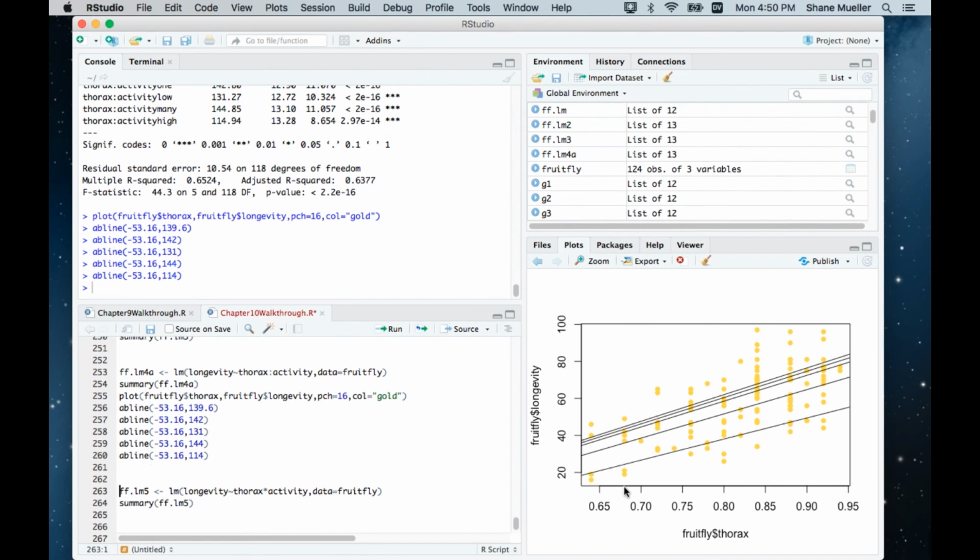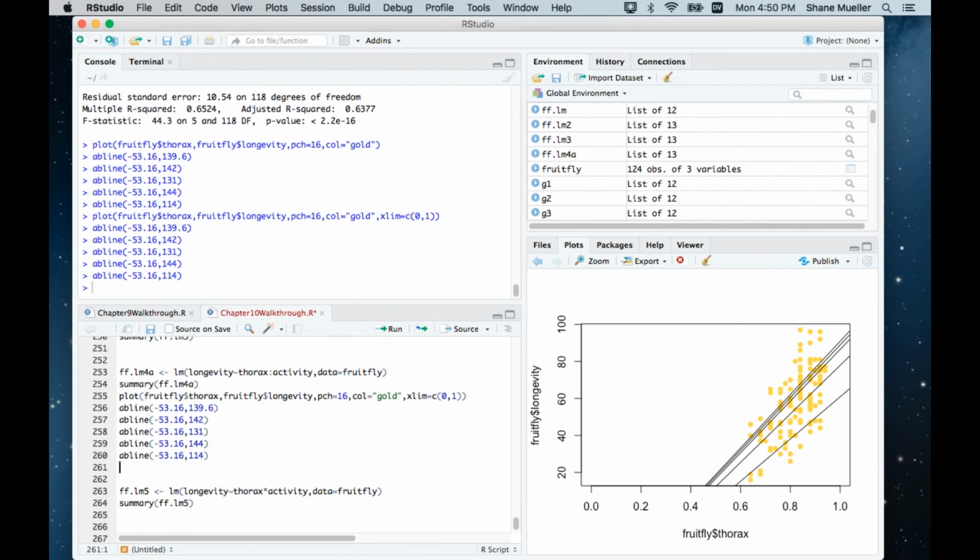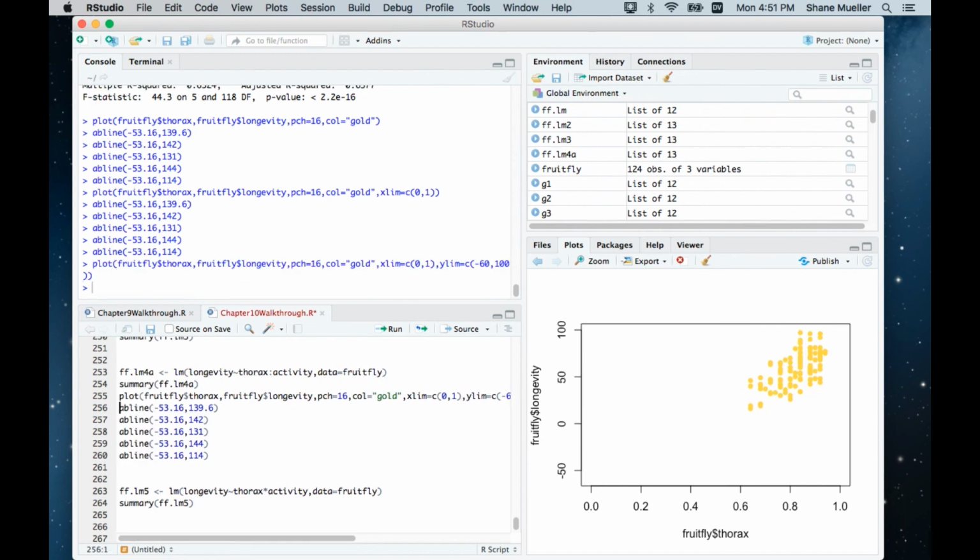So you can see that they all sort of will fan out from the same point. And we can actually see this if we say xlim is equal to 0, 1. Oh no, I have to specify the y limit as well. Negative 60, 100.